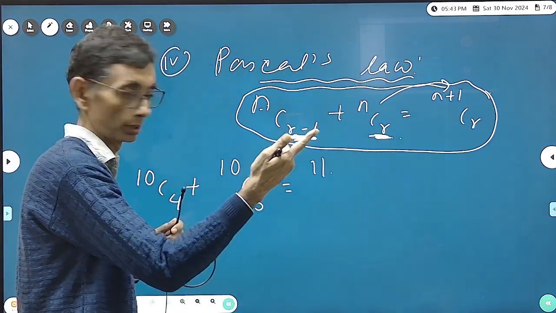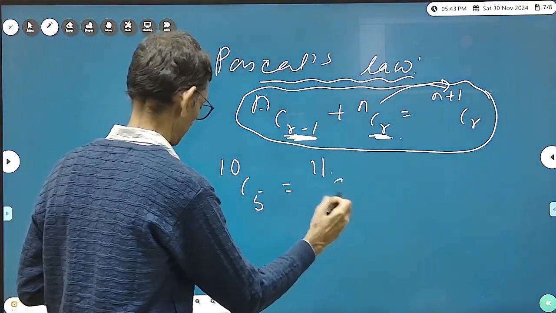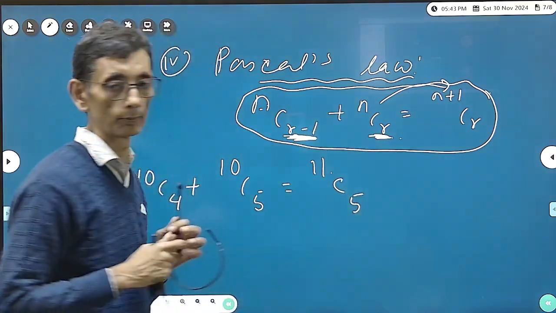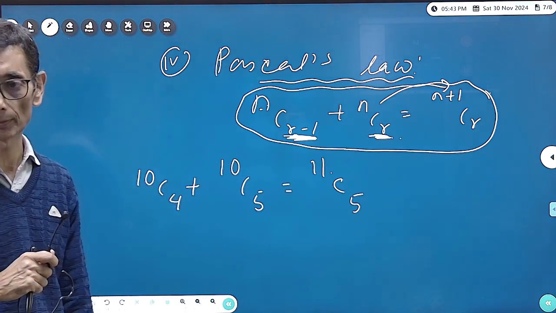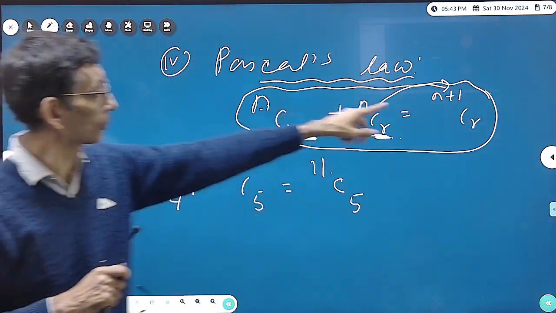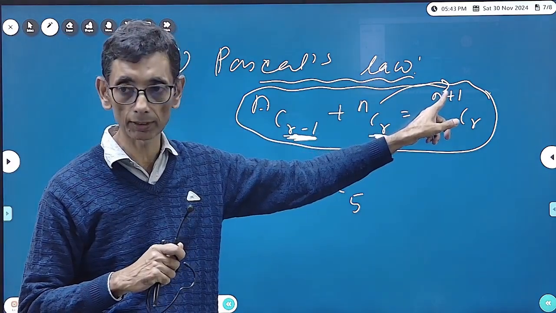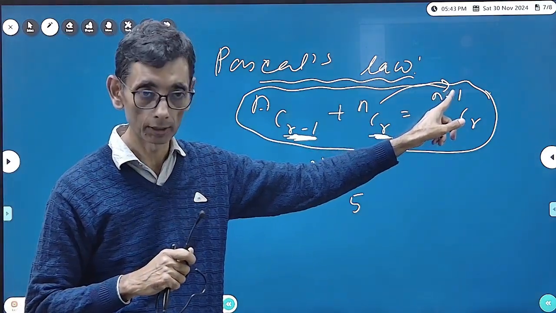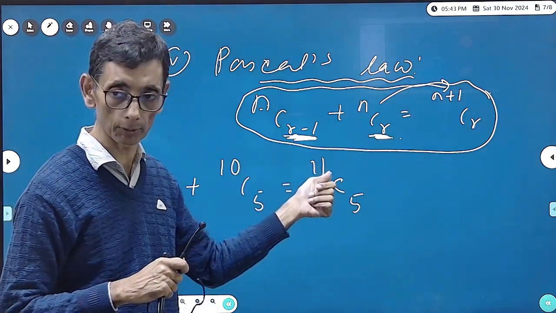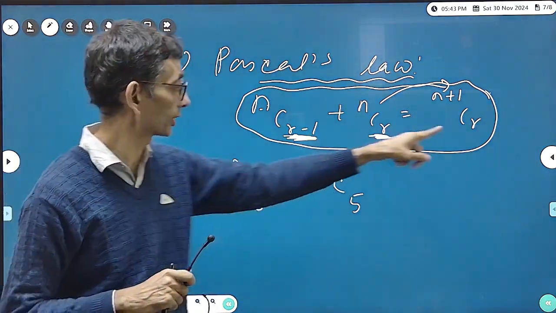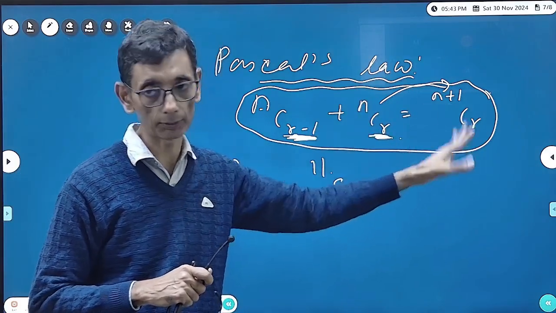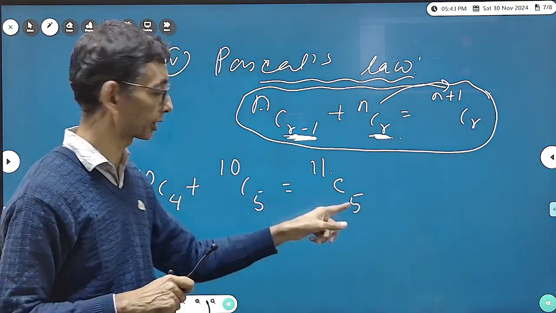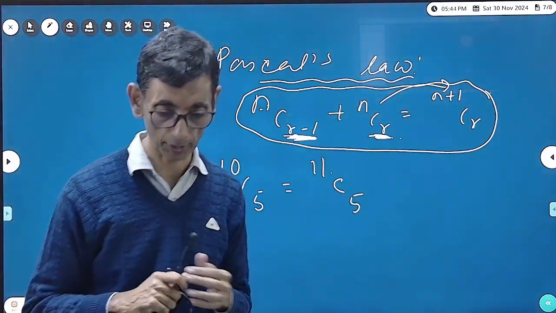So 10C4 plus 10C5 is always 11C5, because n becomes greater by 1, 10 plus 1 is 11, and in the lower suffix we write the bigger one, which is 5.